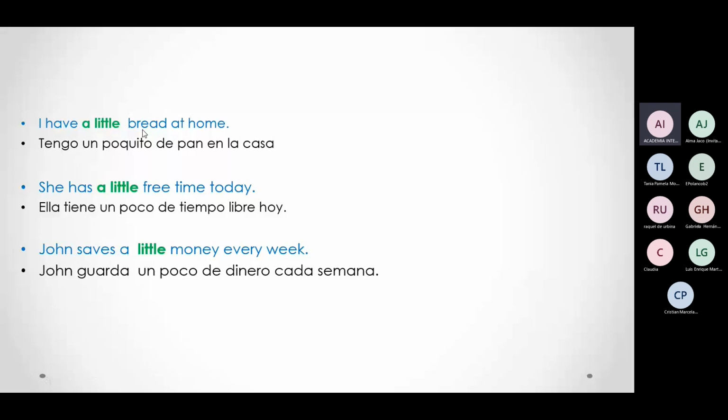But in English. Portions of bread. Porciones de pan. Y ahí sí ya podemos contar, ¿verdad? Portions of bread.